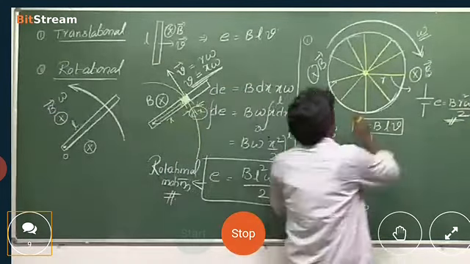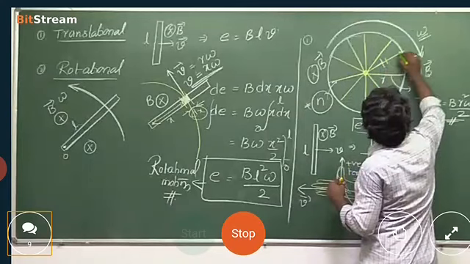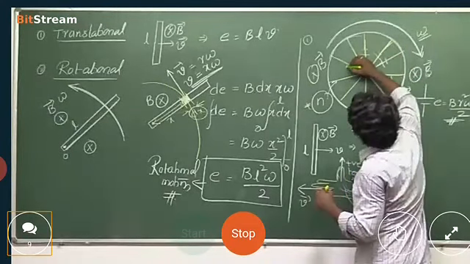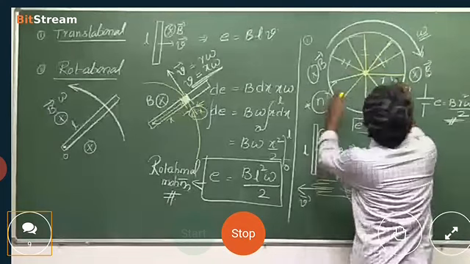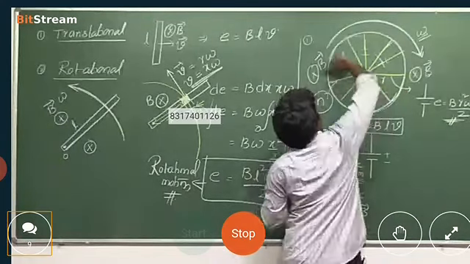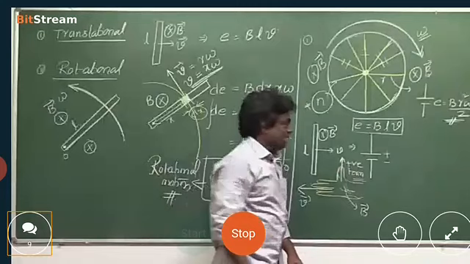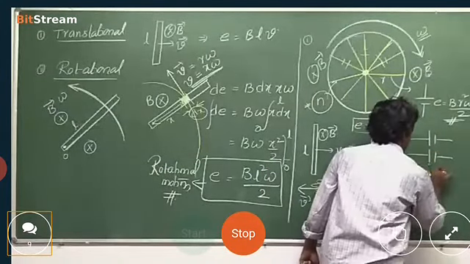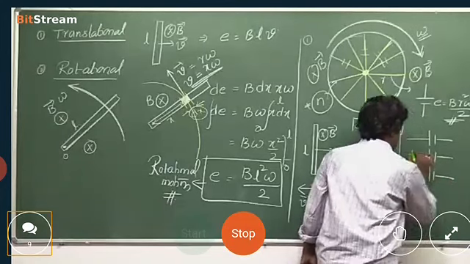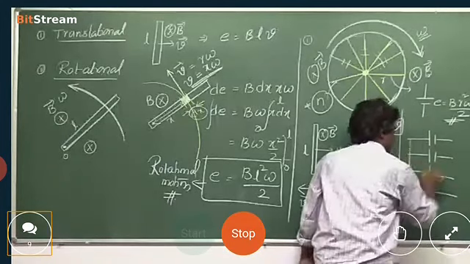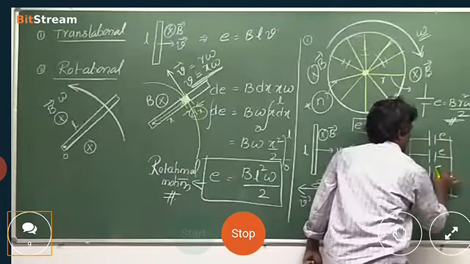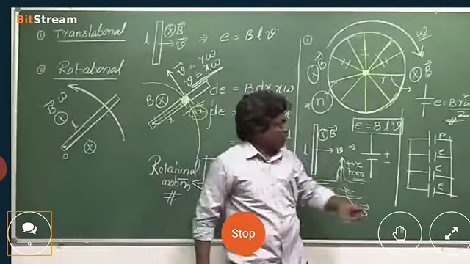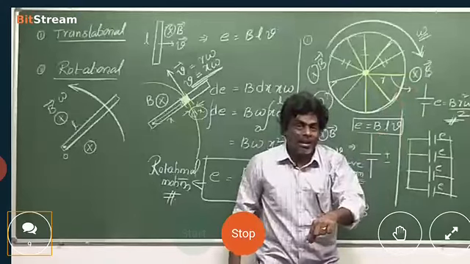Now if you observe carefully, this is a battery, and this is a battery, and this is a battery, like this. All positive terminals are connected here, all negative terminals are connected there. That means there are N batteries of EMF E connected in parallel.